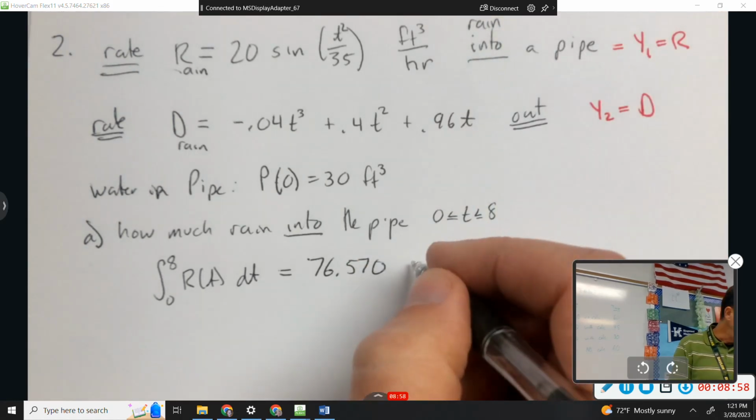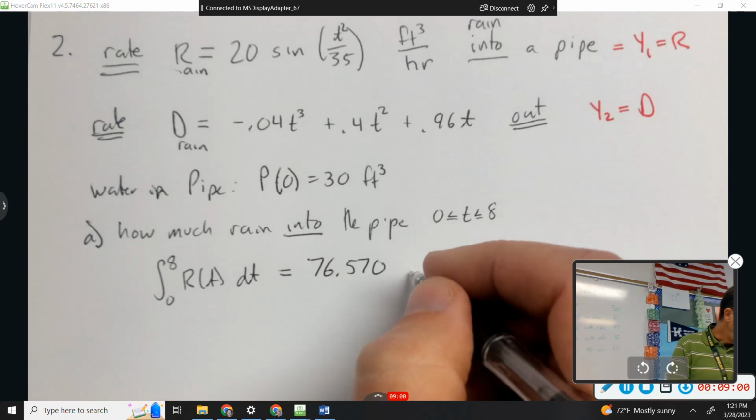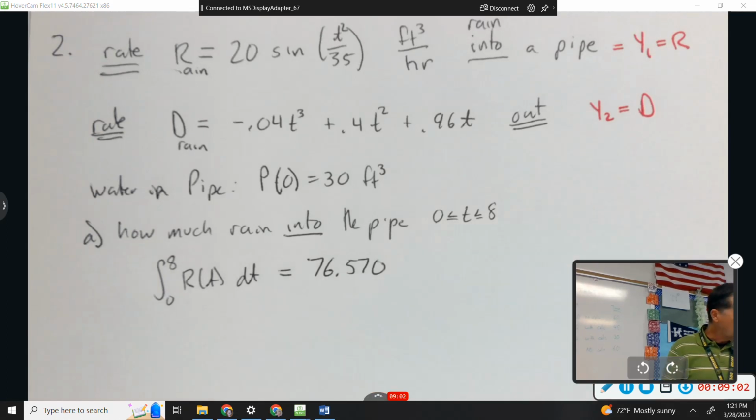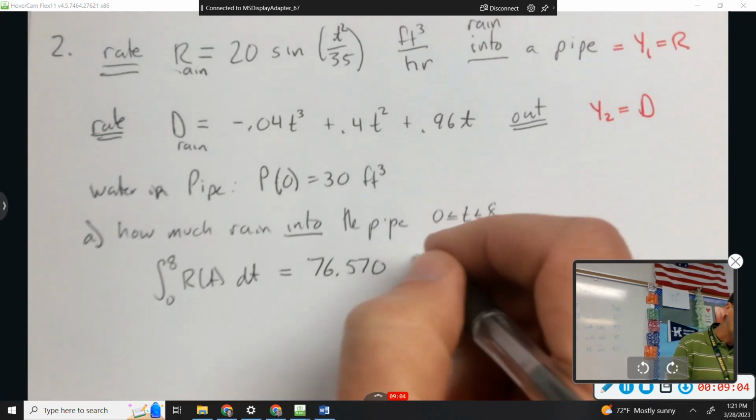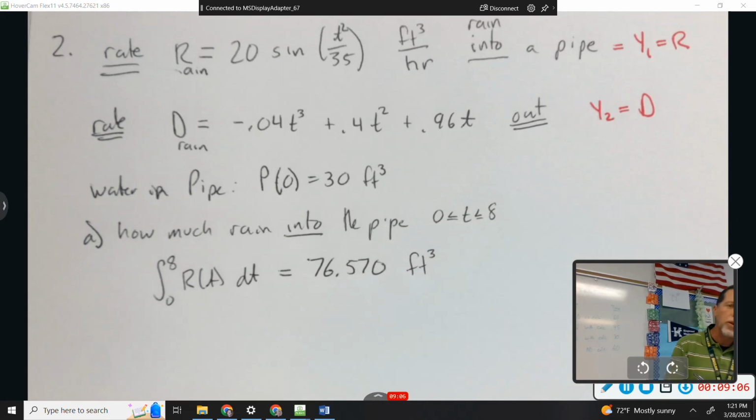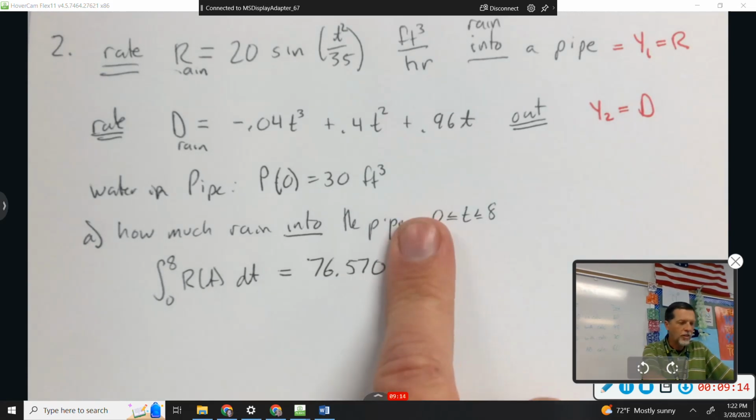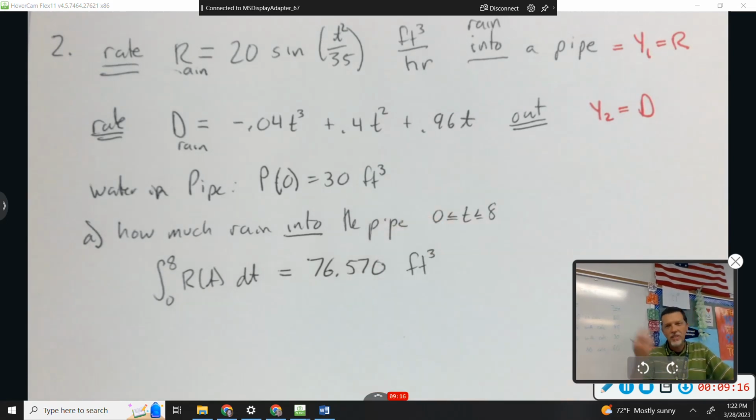Yay. Probably units. Feet. Well, it says how many cubic feet, so it didn't ask about units, but I'm going to go ahead and put it on there, just to be safe. Yeah, you'd be okay without it because it specifically said how many cubic feet. If your answer is 76.57, then you answered the question.